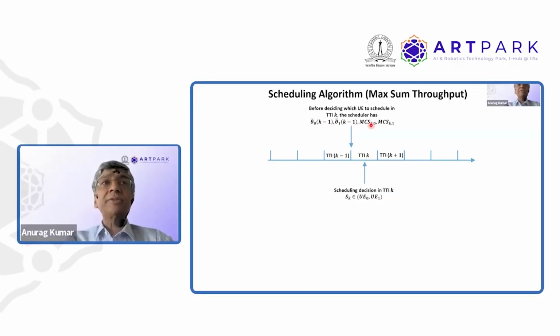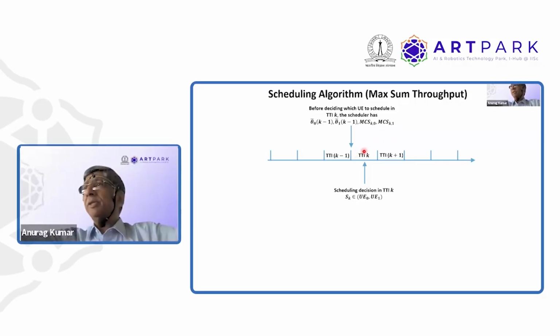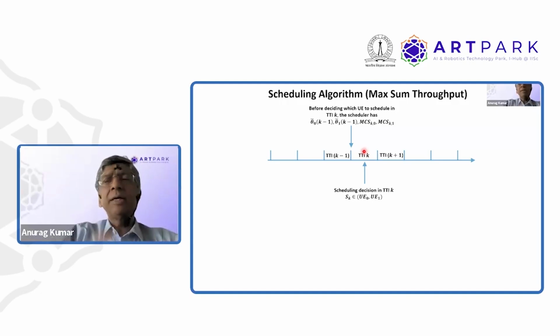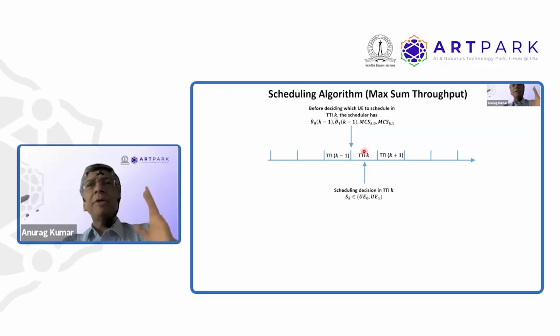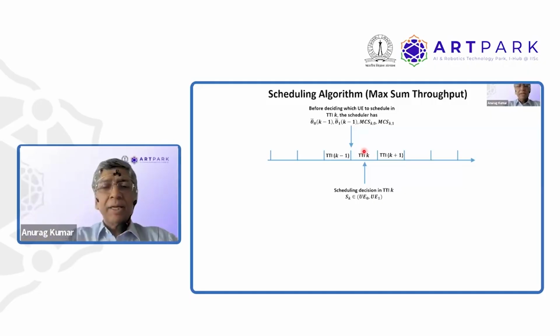And the MCS that UE0 has, the MCS that UE1 has. With M UEs, you have M throughputs so far, and the MCSs. All this is the past.